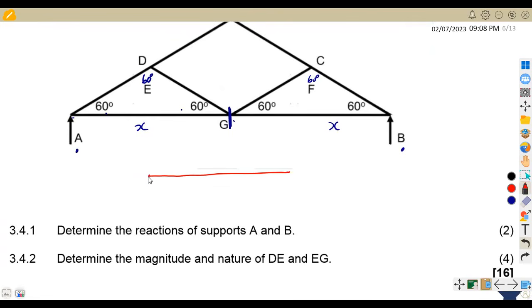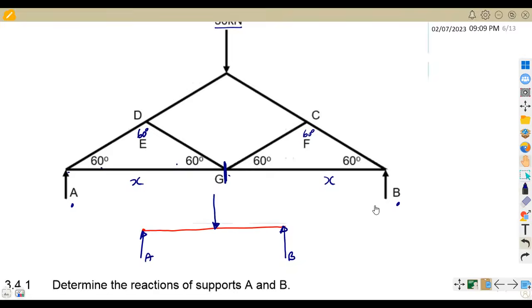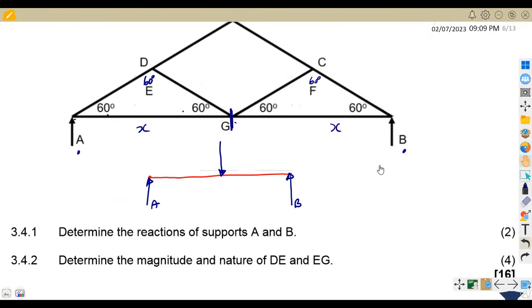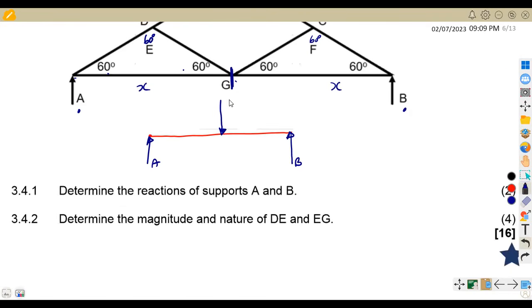This is where we've got our A, and this is where we've got our B. There is a point load of 30 kilonewton in between these, and we've got the same distance. This is X and this is also X, because we are not given the distance.